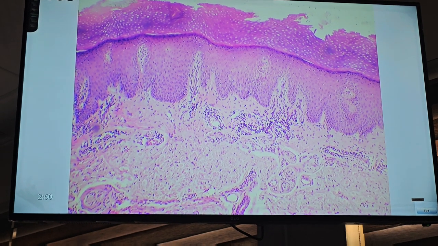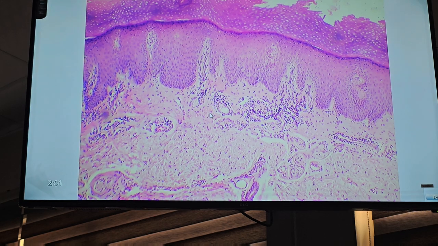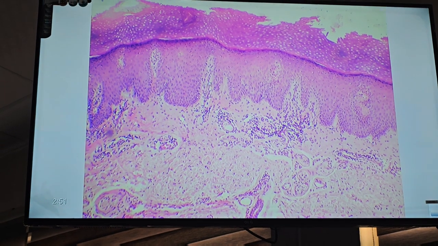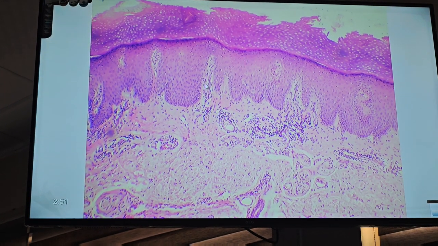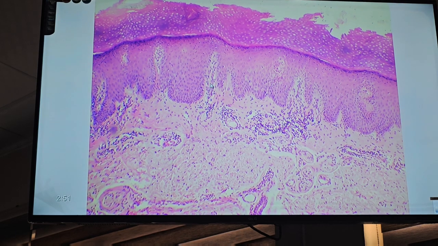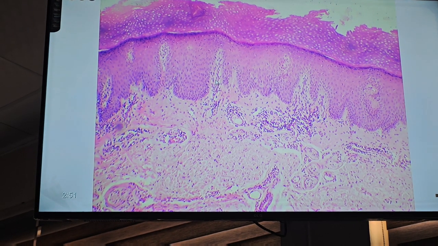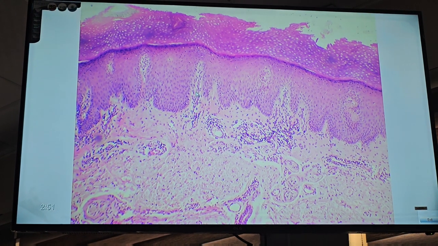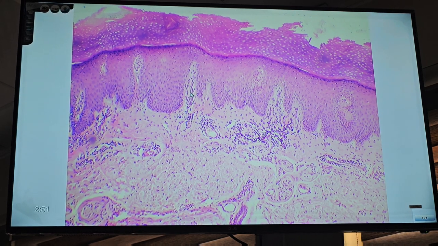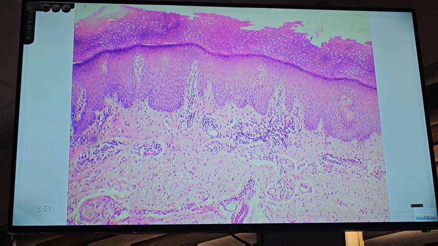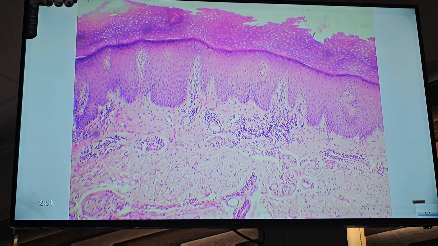The dermal layer consists of two sublayers. Papillary layer: this is the thin papillary layer, consisting of loose connective tissue with type 1 and 3 collagen fibers. The cells are fibroblasts, macrophages, mast cells, and other leukocytes.